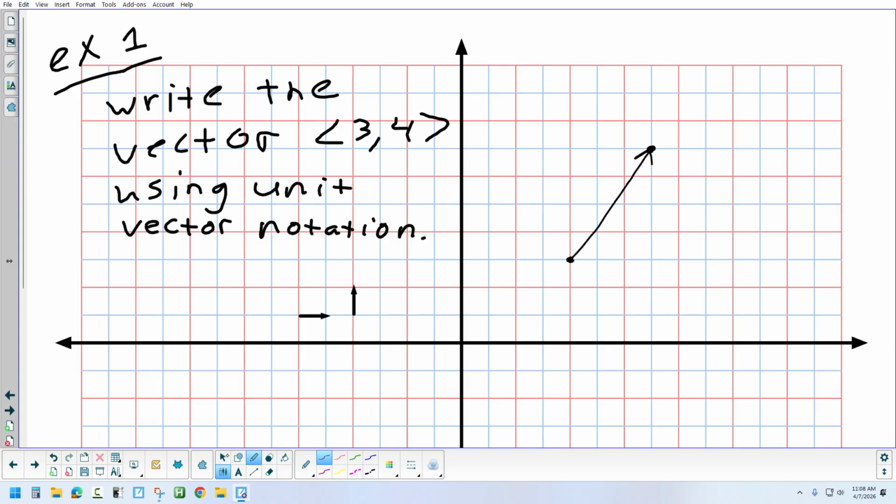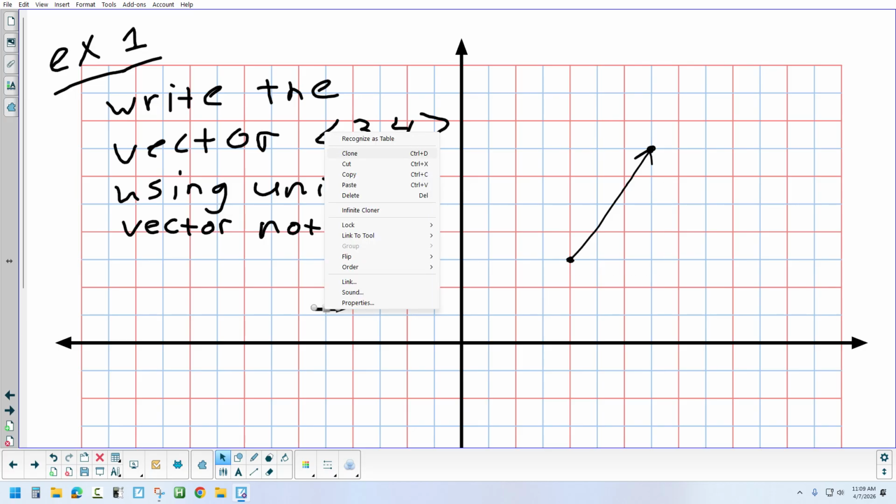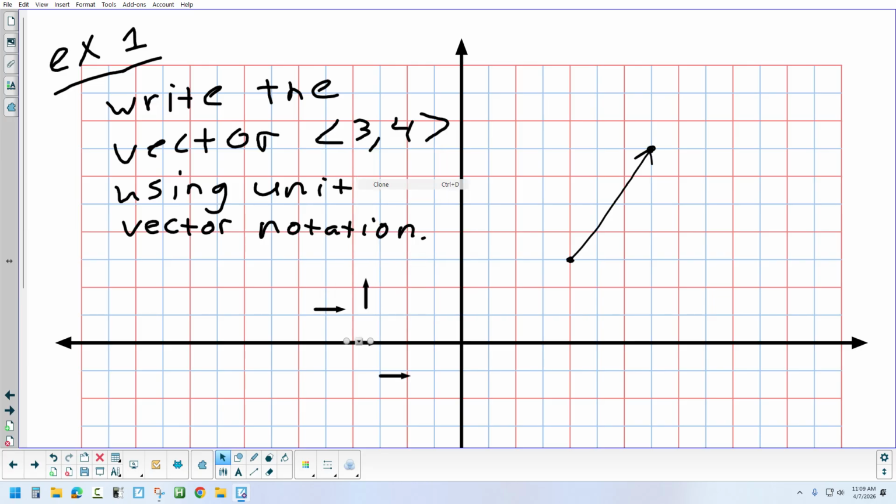I've made a copy of i and j, and what I want to do is stack these i's and j's together, starting at the initial point and ending at the terminal point. How many of the i's am I going to need to go from here up to there? 3 of them. So I'm going to make 3 copies of the i's.